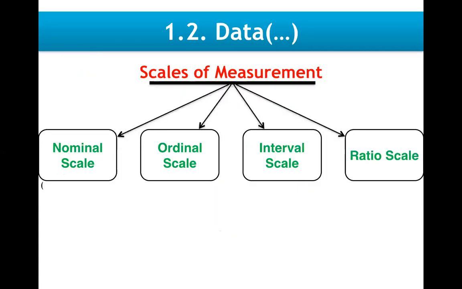Okay. The second scale of measurement is ordinal scale. The scale of measurement for a variable is called an ordinal scale if the data exhibits the properties of nominal data and the order or rank of the data is meaningful.